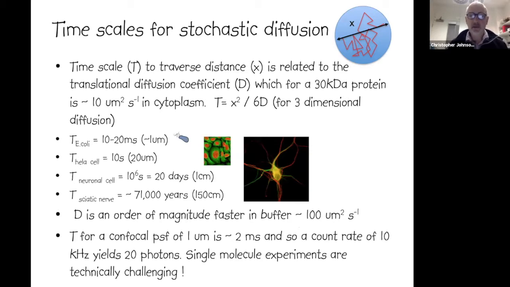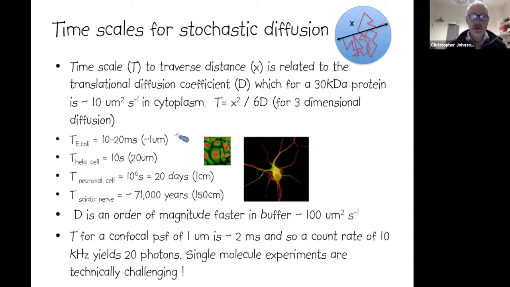If we think about a molecule traversing distance x, this is related to a property of that molecule, the translational diffusion coefficient, which for a typical protein, say a 30 kilodalton protein, is around about 10 micrometers squared per second in the viscosity of the cytoplasm. So the time for a three-dimensional diffusion of that molecule is x squared, the distance, divided by 6D, which is 6 times the translational diffusion coefficient.